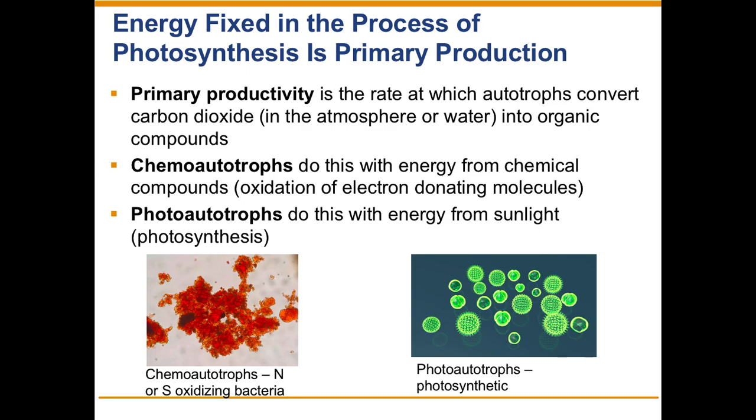There's also a wide variety of chemoautotrophs, typically bacteria, which can also create organic compounds by oxidizing other chemical compounds. And quite often these will be either nitrogen oxidizing bacteria or sulfur oxidizing bacteria.